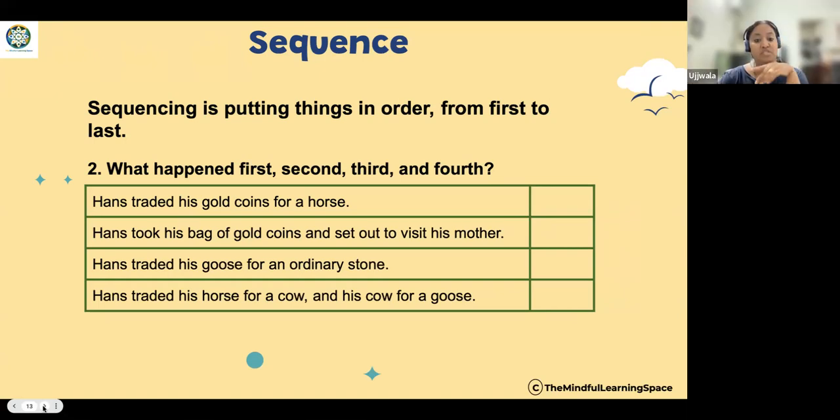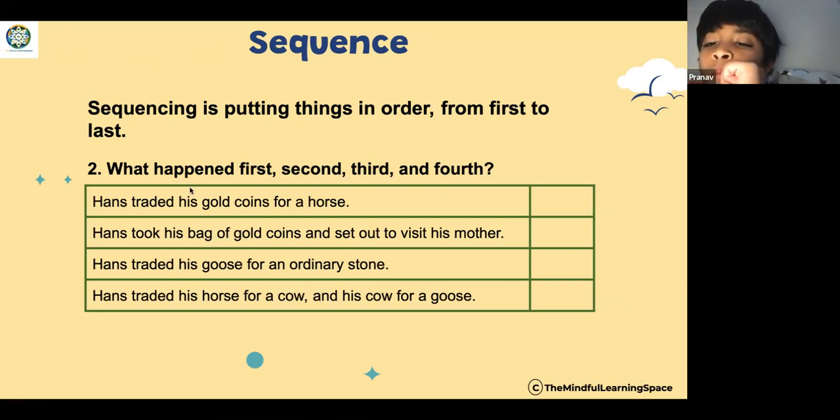That will be the first one. Which one? Chitra, which will be the first one? I think Hans traded his gold coins for a horse. But what do you think? Oh, sorry, I didn't see that. Hans took his bag of gold coins and set out to visit his mother. Yeah, that's the first one. Okay, I'll annotate here.